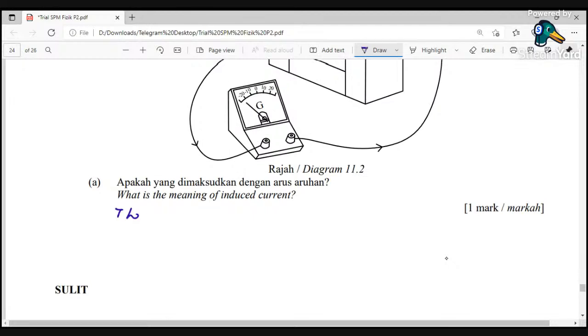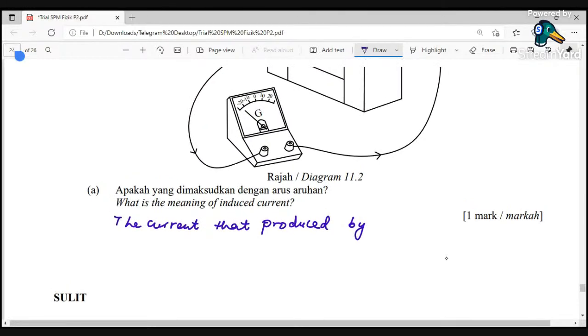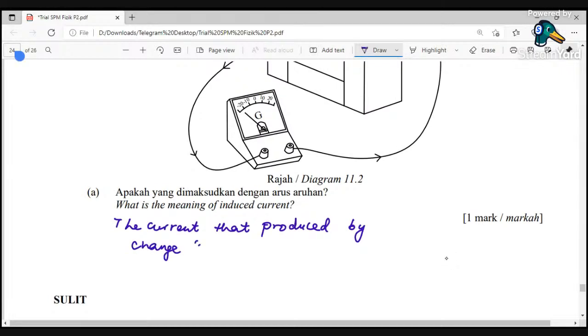The current that is produced by change in magnetic flux.